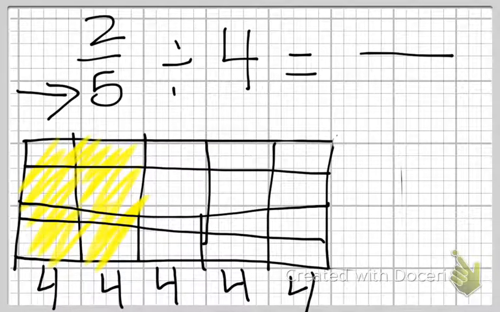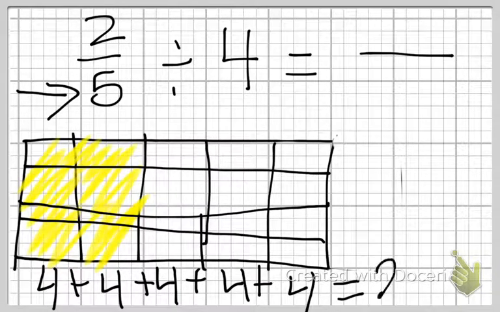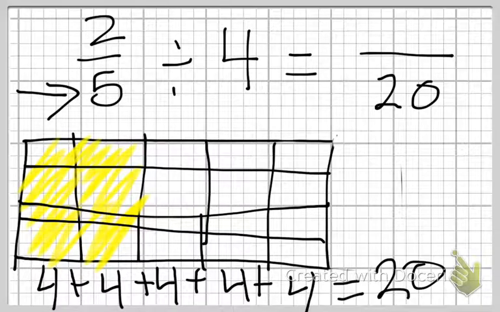Because we cut our whole into more pieces, we now have a total of 20 pieces if we had our whole cake. Currently, we only have 8/20 left.